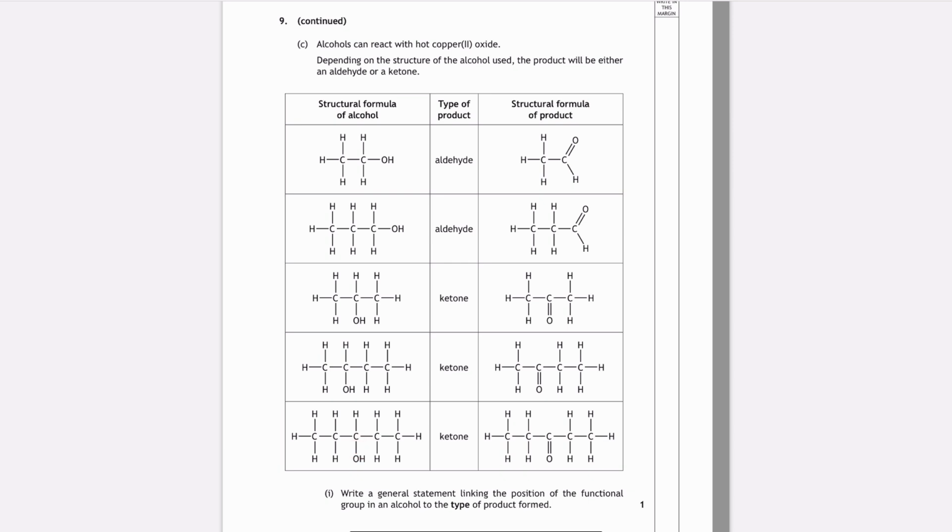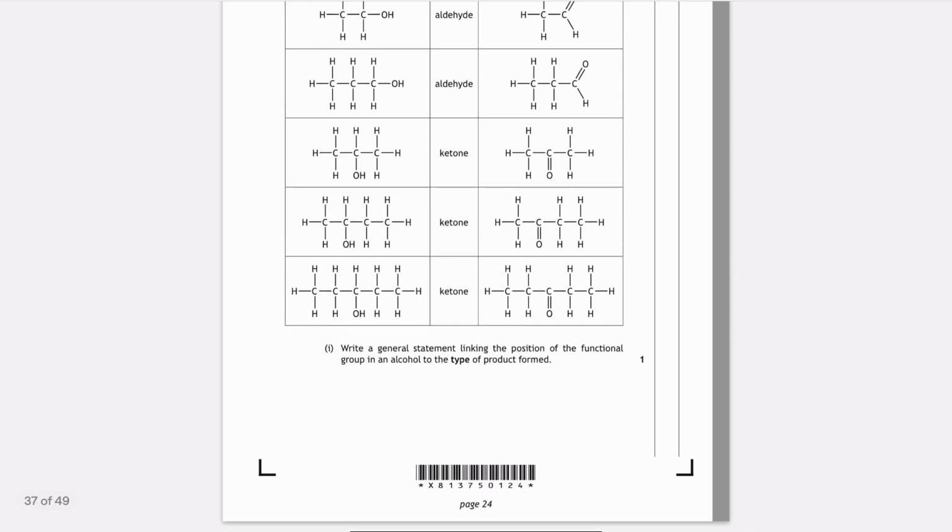So in terms of writing a general statement, you just have to really either say that if the functional group or the hydroxyl group is at the end of the carbon chain, an aldehyde would be produced, or you could say if the functional group is in the middle of the carbon chain, then a ketone is produced. So you can say either way round, it doesn't really matter. I'm just going to go with the end of the chain one.